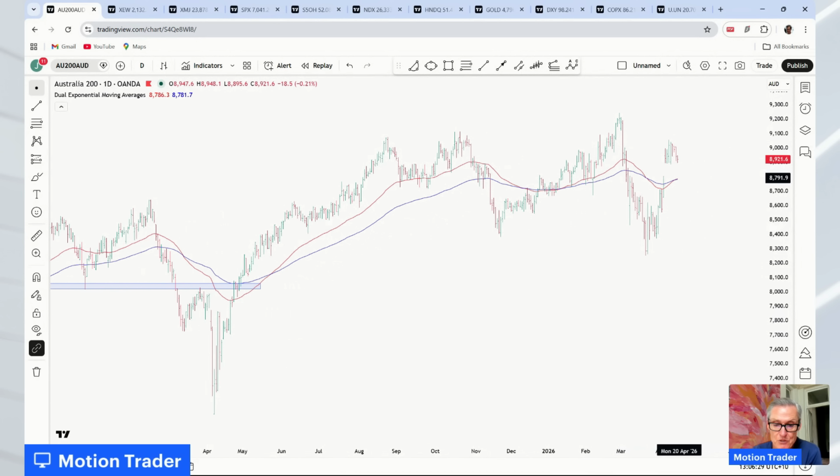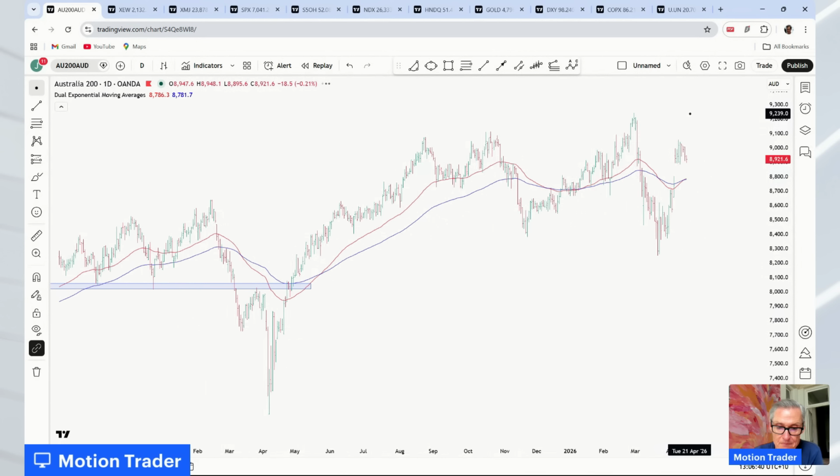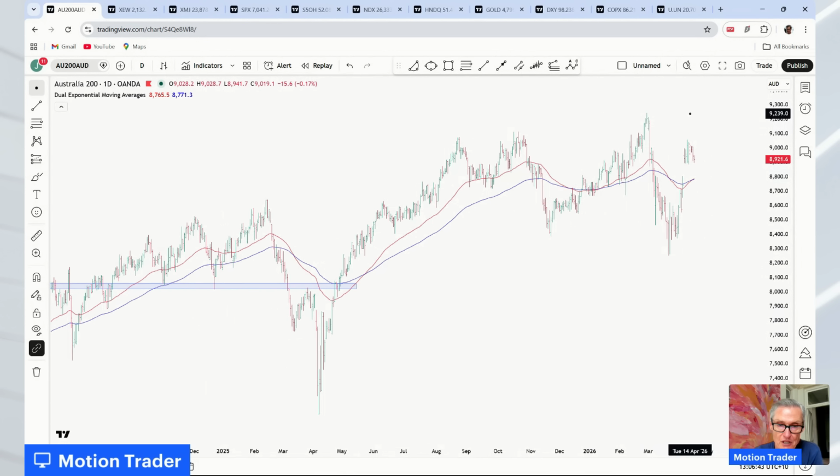But does this mean we should expect new all-time highs in the near term? Is the ASX 200 likely just to shoot higher next week? And this is interesting because I think what a lot of people forget is that markets just don't go down, and they just don't go up.